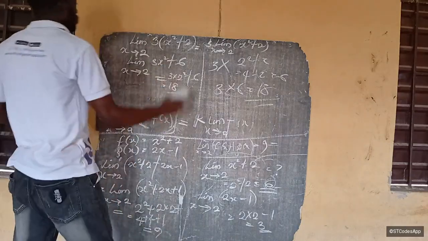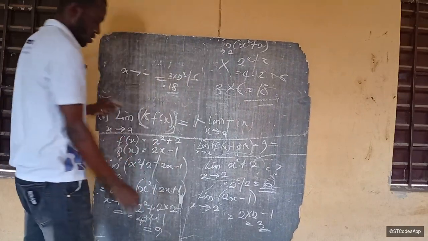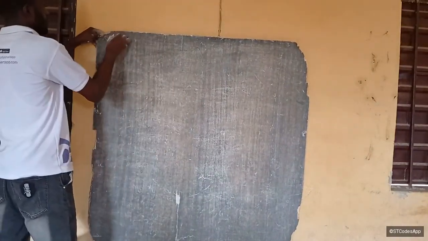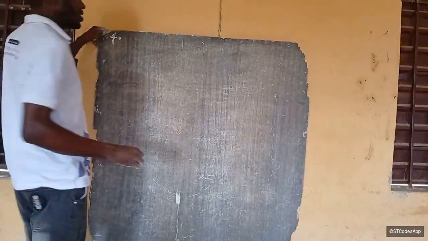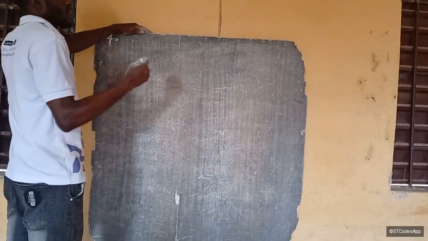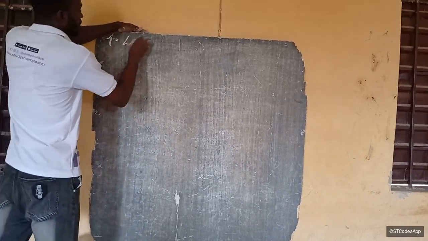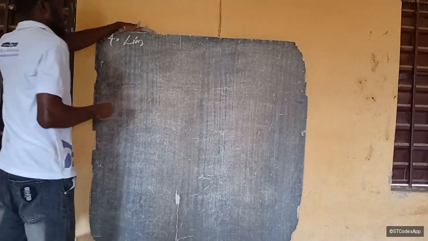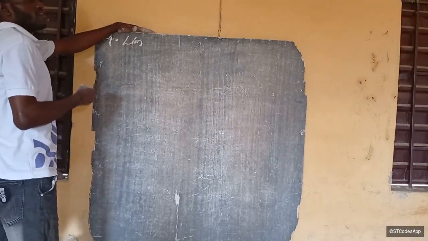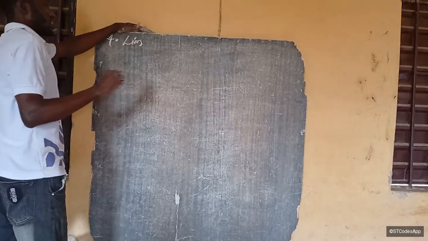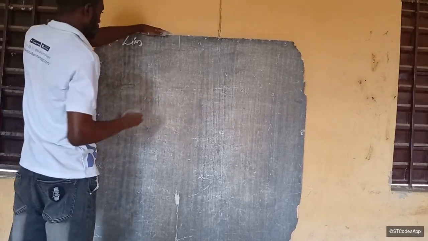So let's see other laws, other properties. Okay, so the fourth property of limits: we have considered addition, subtraction, and multiplication of a function by a constant. What if we want to take the limit of the product of two functions?